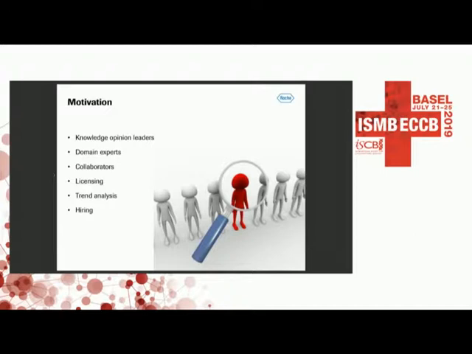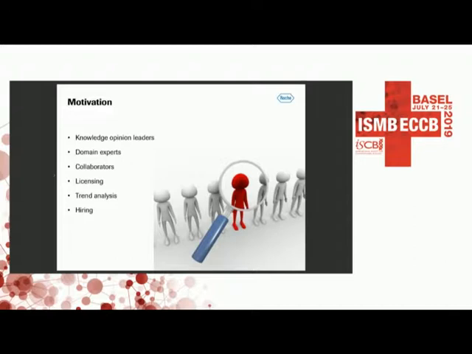But why do we want to do that? Yes, it's very nice to do searches and find the right author without having to go through all the people that have the same name or the same last name and initial. But we also want to use this for very specific questions, and I talk about this from the pharma perspective. In pharma, we want to find key opinion leaders, collaborators, and domain experts in particular fields.